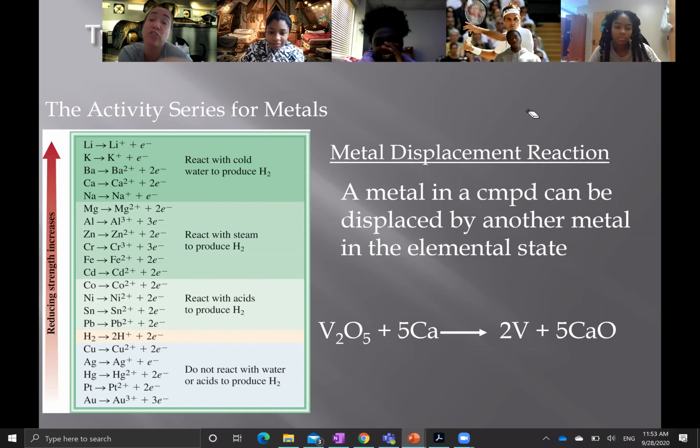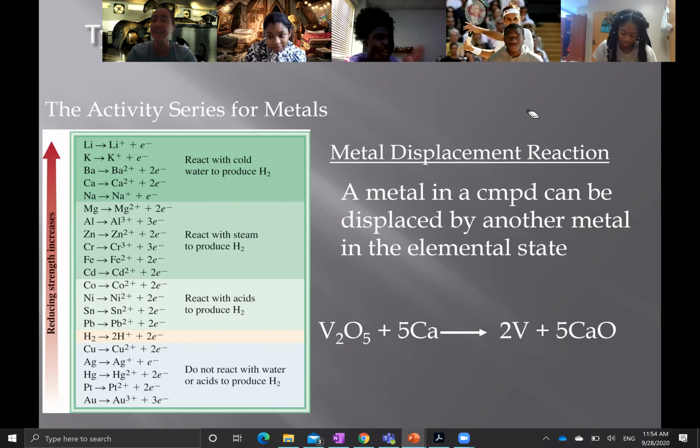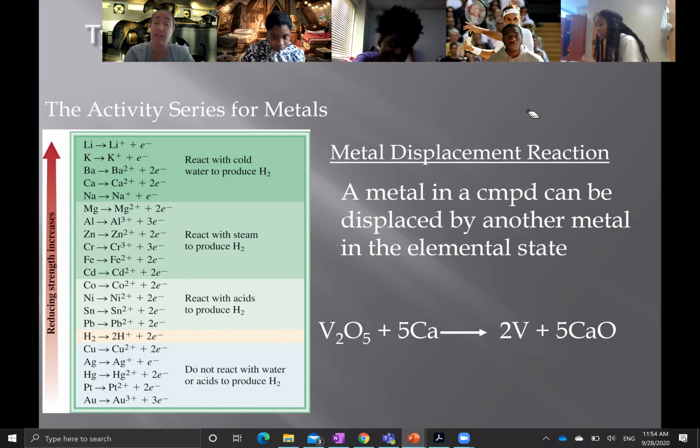These are the strongest. If those are the strongest, vanadium is not among them, and calcium is among the strongest, it'd be able to replace it. Bam. So it's logical to say to yourself, well, I don't see vanadium here, so I'm going to assume that yes, calcium is able to displace vanadium. So that's basically what's happening.